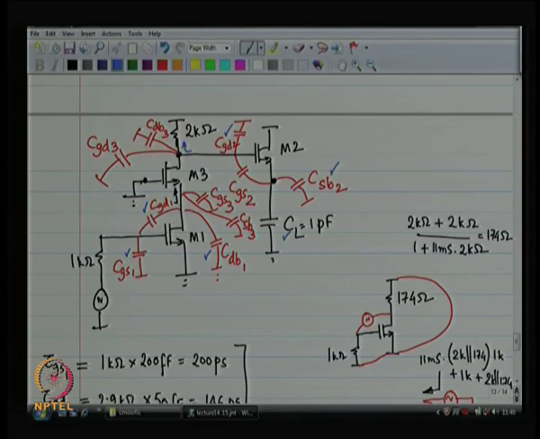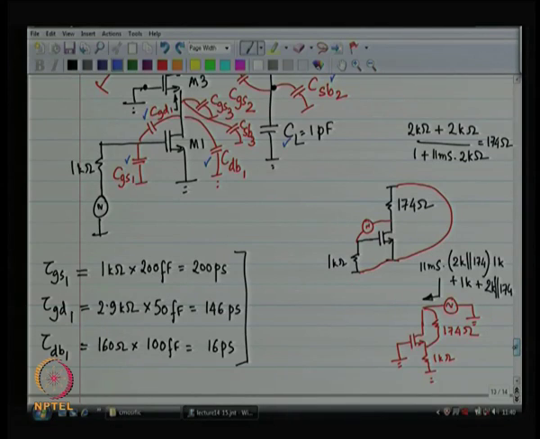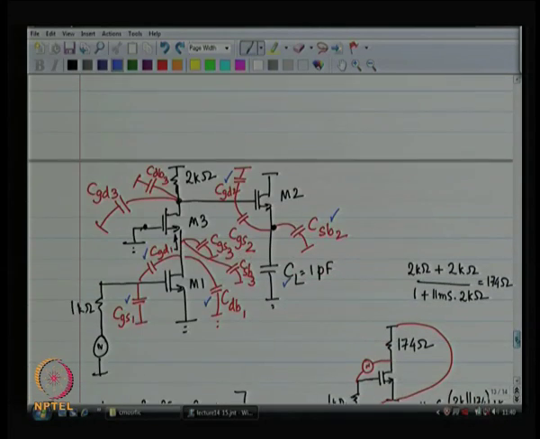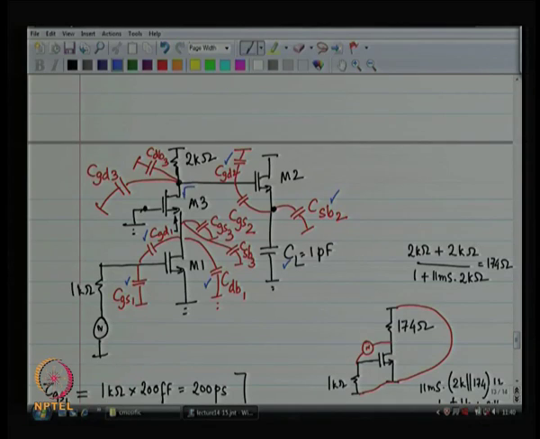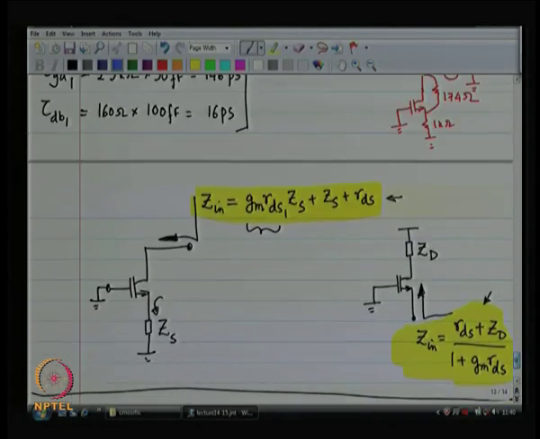Looking over here, you see 2 kilo ohms, and looking downwards into the drain of M3, you see a large resistor, whatever is the value. I have not written the value of that. So, looking downwards over here, you see a large resistance, and the template for that large resistance is once again given by one of your two formulae. It is now given by this particular formula, right.